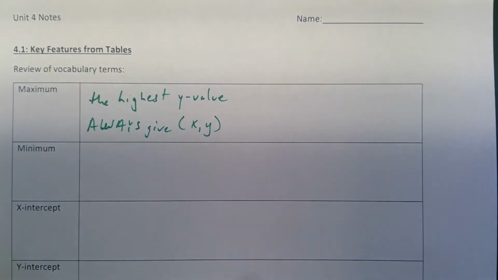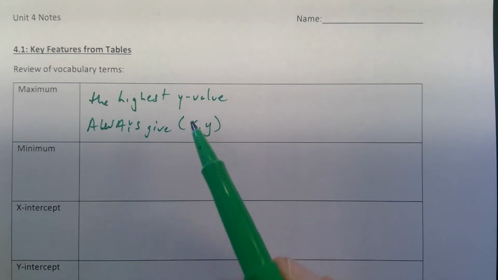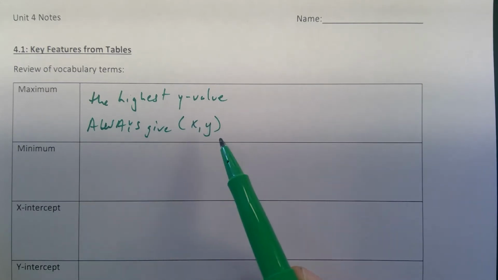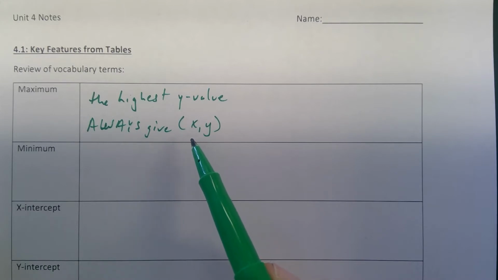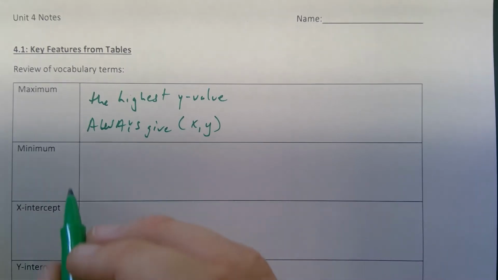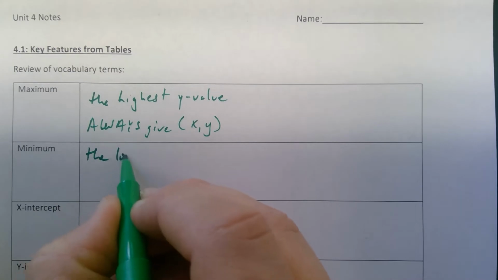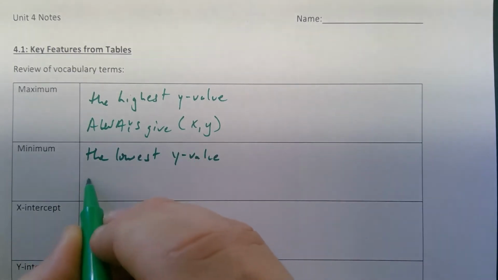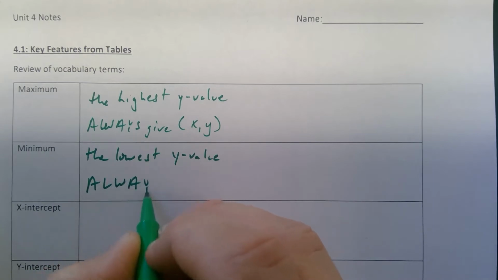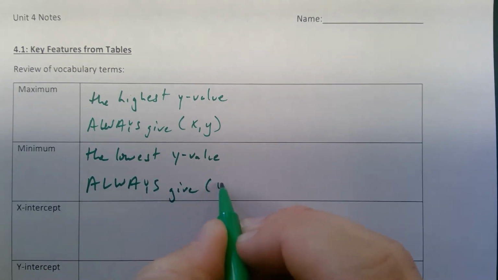So you need to give me a point. First off, we're always going to look in that y column, but we always have to give the ordered pair, that x comma y, because I know that's the biggest value, but where's it happening? What's that x value? Likewise, the minimum is then the lowest y value, but once again, always give x comma y.